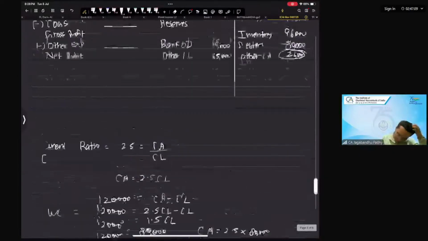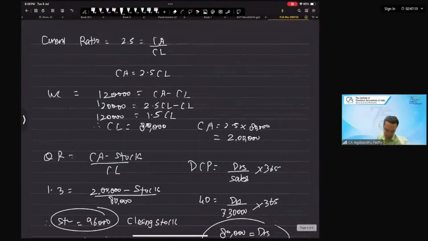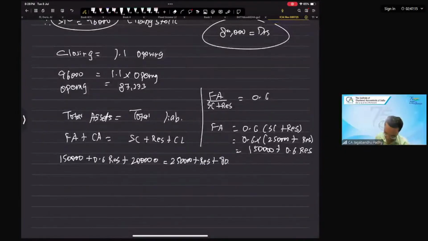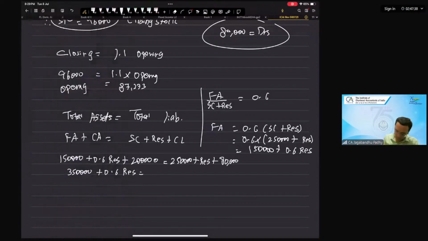Current liability computed by us is 80,000. Let's take numbers on one side. So 1 lakh 50 plus 2 lakh is 3 lakh 50,000 plus 0.6 reserves is equal to 2 lakh 50 plus 80, which is 3 lakh 30,000, plus reserves.